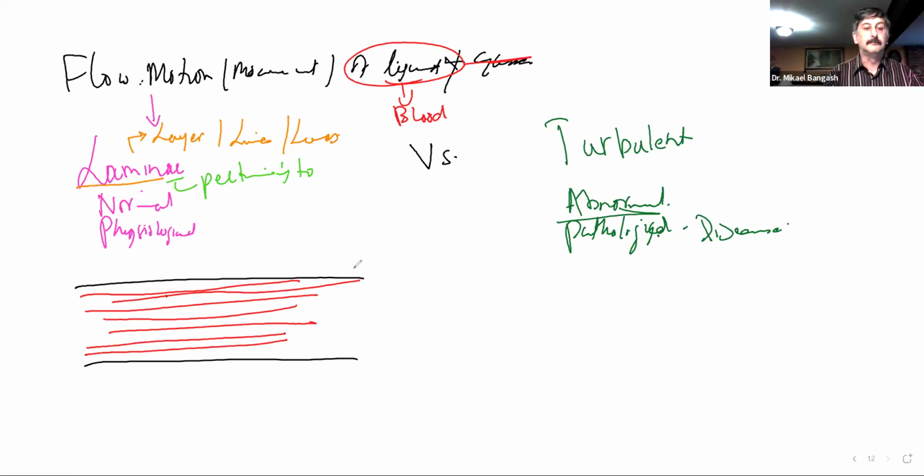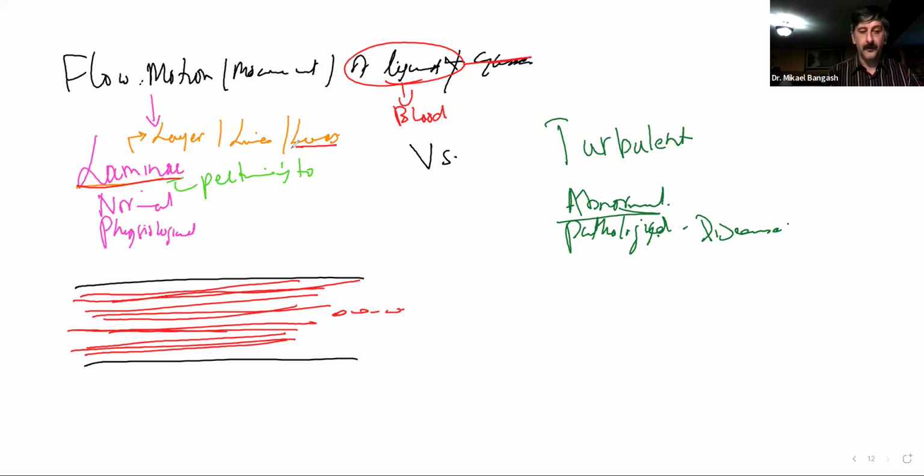Yes. So when blood flows smoothly, straight in lines like this, you can say blood just stays in its lane. That is going to be referred to as a laminar flow. Ideally speaking, this is how blood will normally be flowing.